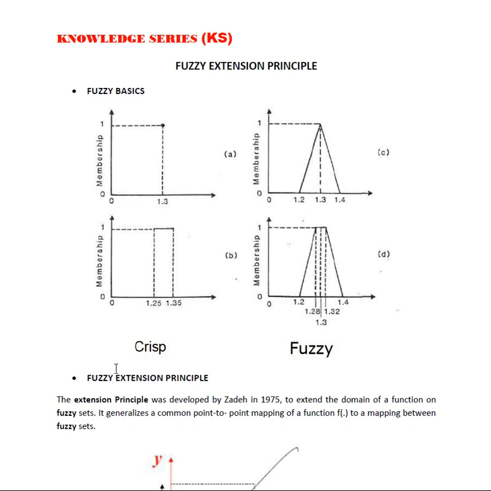So here it is either 0 or 1, and here 0 to 1. When we take the elements under the universe of discourse, say X equal to 1.3, at 1.3 the crisp value comes as 1, that is the highest value.